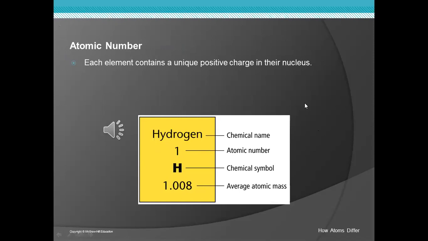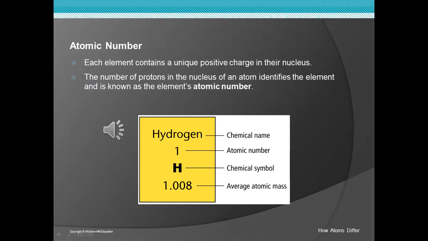So, what's meant by atomic number? Each element contains a unique positive charge in its nucleus, as the number of protons in the nucleus of an atom identifies the element and is known as the element's atomic number. So this is the meaning of atomic number. Can you read it, Sam? Can you read the meaning of atomic number?